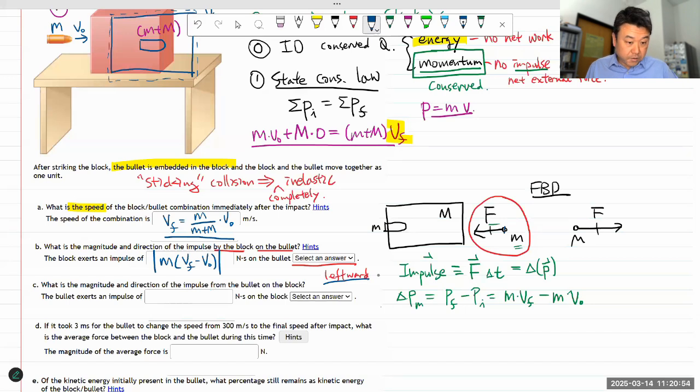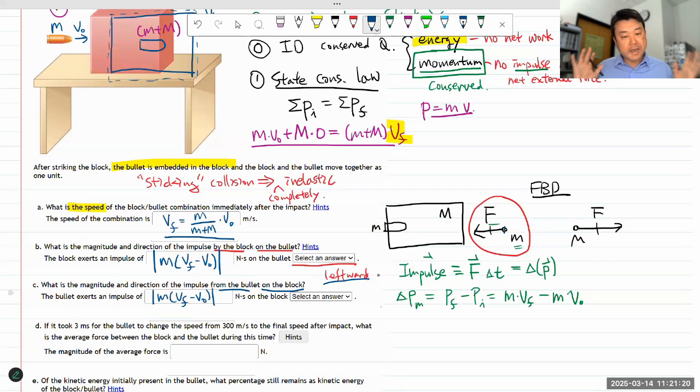Okay, the magnitude and direction of the impulse from the bullet on the block. Now, I could go through this calculation again if I want to. I actually don't have to. If I believe in the conservation of momentum, which comes from Newton's third law, I know the answer here is the same as B above. So I don't have to redo this calculation using the mass of the block.